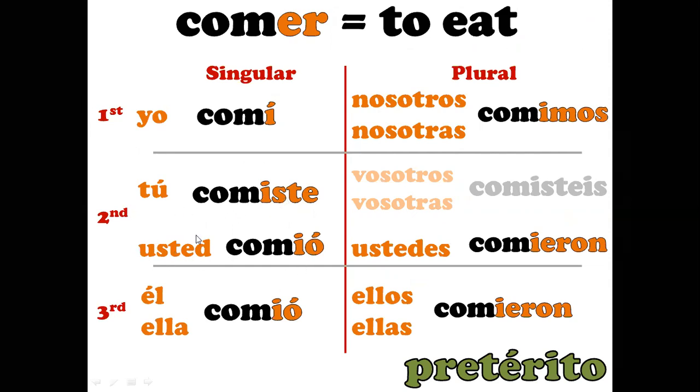Usted comió, you sir, you ma'am, ate. Él comió, ella comió, she or he ate. Nosotros, nosotras comimos. You see there is a change here. It's not the same like the AR verbs. Comimos, not comemos. And then ustedes, ellos, ellas all share comieron, the form comieron.